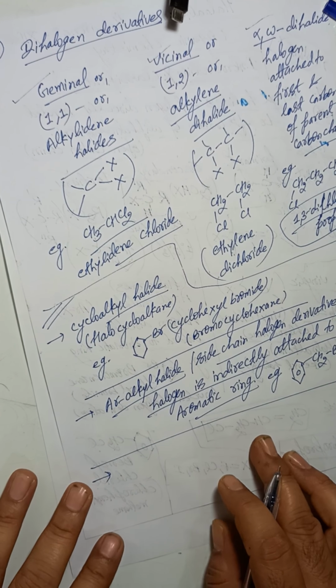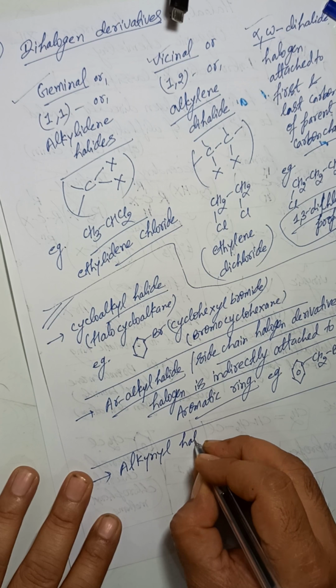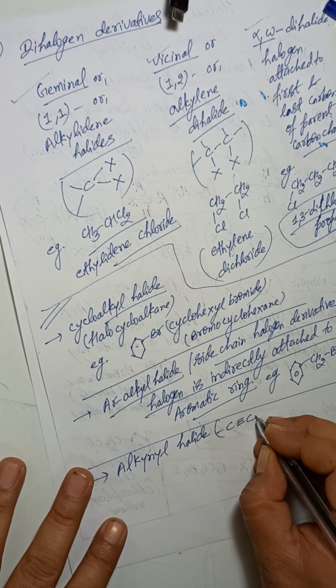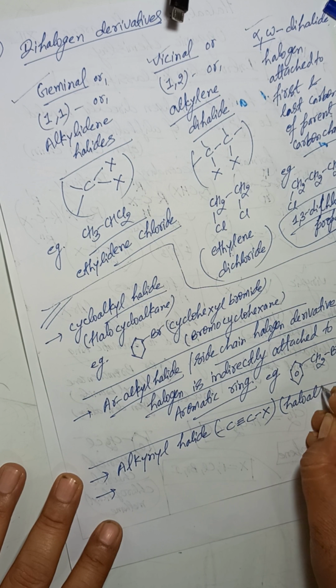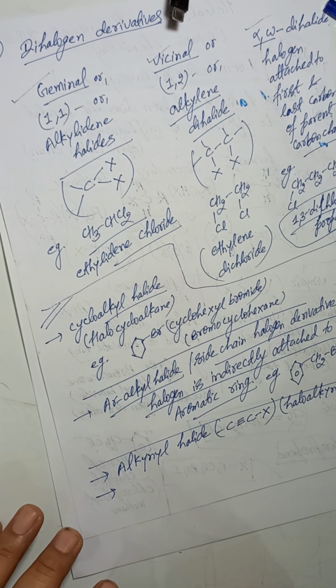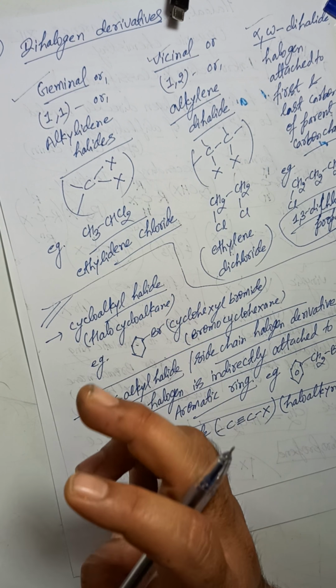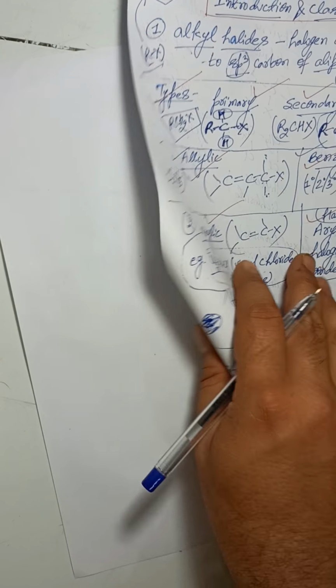Now, if somebody asks you what is an alkynyl halide, halogen directly attached to an alkyne. Haloalkyne. If it talks about monohalogen derivative types, we can discuss primary, secondary, tertiary, allylic, benzylic, vinylic, arylic. These are all monohalogen.